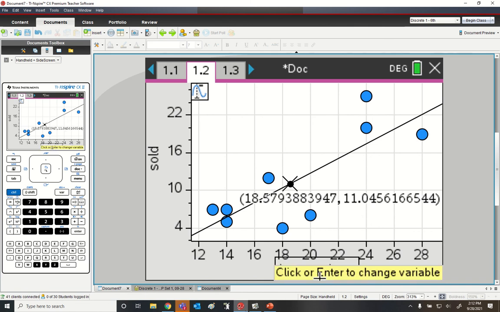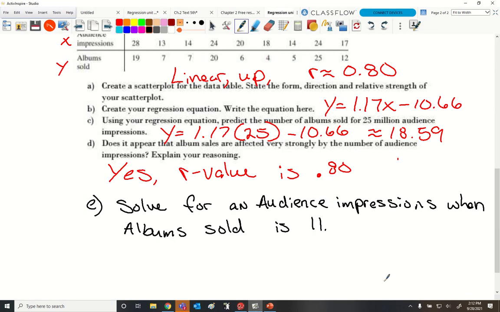So we're going to say it's going to be about 18.6. Now, does that make sense? Yes. All right, questions, concerns, complaints?